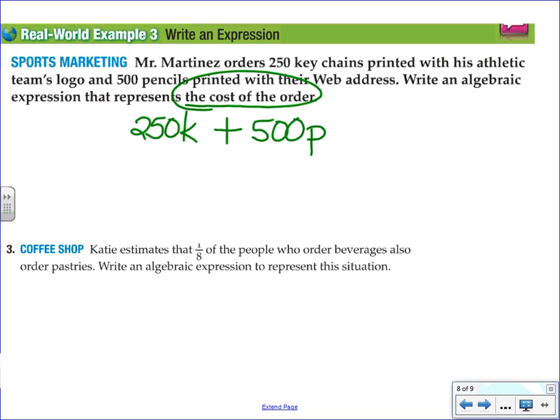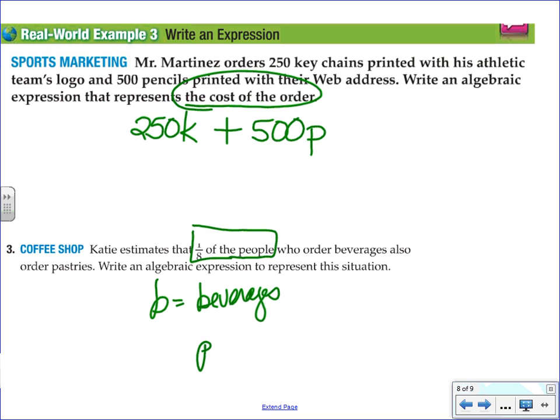Let's try another one. He estimates that 1/8 of the people who order beverages also order pastries in their coffee shop. So B is going to be the people that order beverages. It could be any letter, but let's just pick B. And she thinks that in addition, 1/8 of the people who order beverages also order pastries.